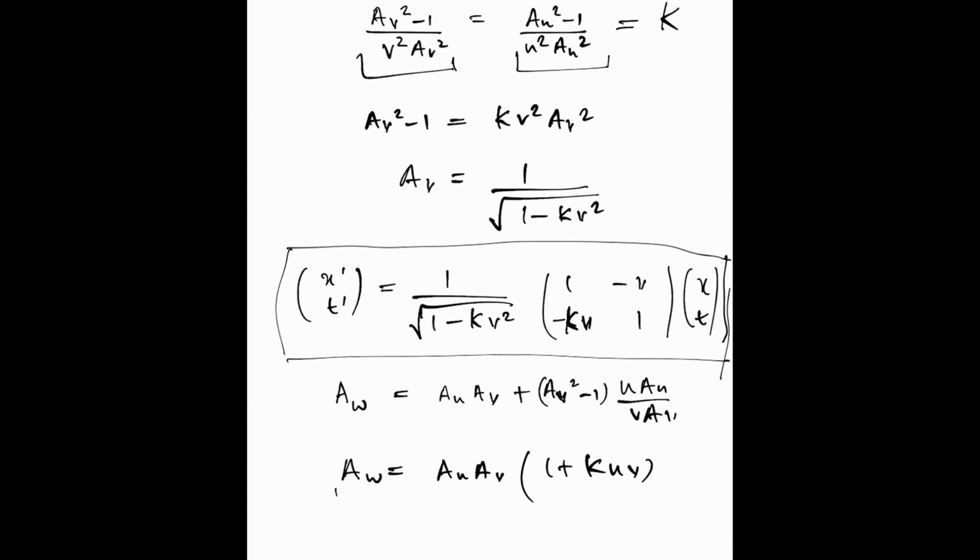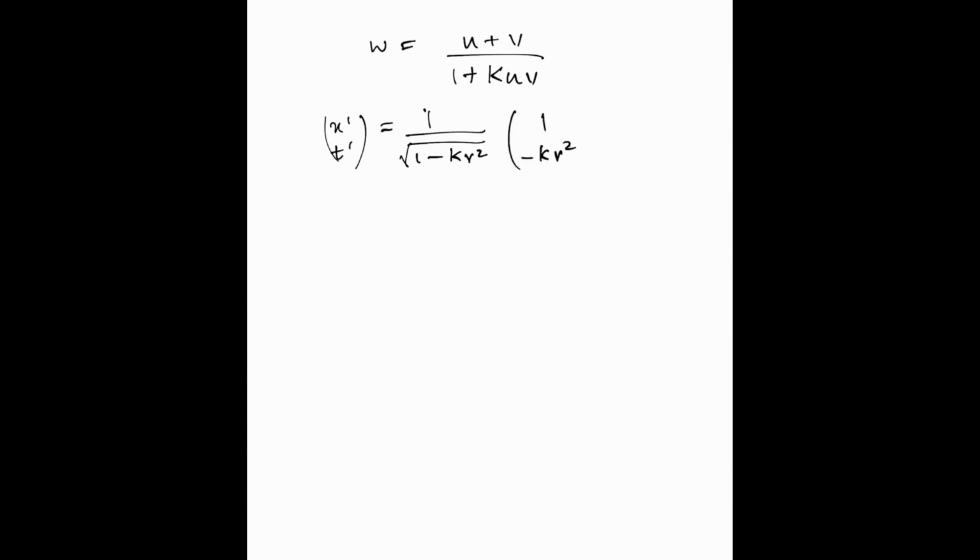And now I can write AW explicitly as 1 over root of 1 minus K W square, and this is this. And when I solve, what I get is W is actually (U plus V) by (1 plus K U V). This equation should look familiar to those of you who've studied relativity, and why it looks familiar will come just in a moment. So x dash t dash, I'll just write this here because these are the two magic equations that I wanted as the goal of my talk. Sorry, KV.